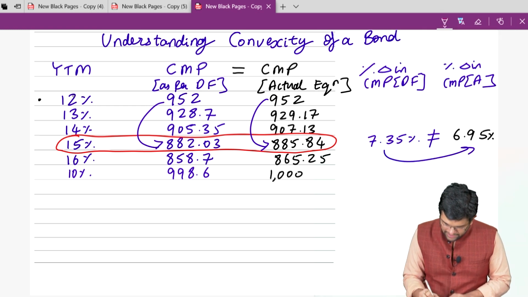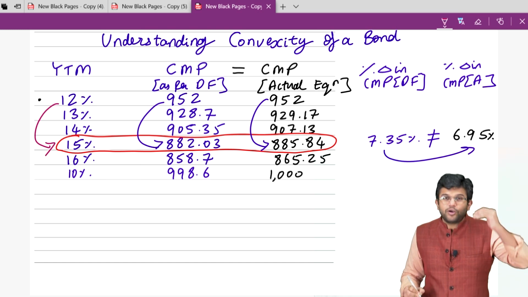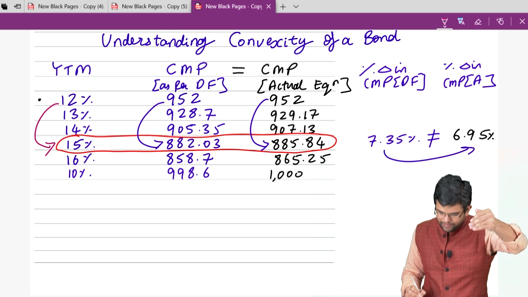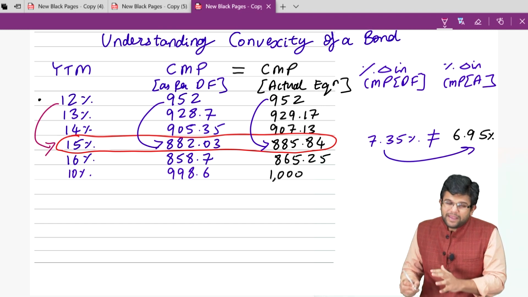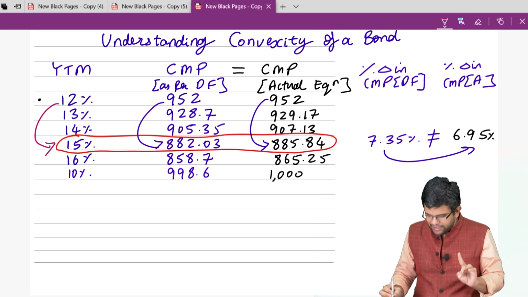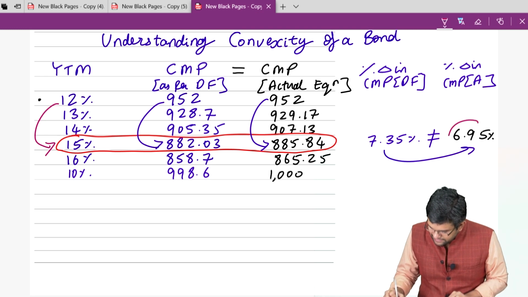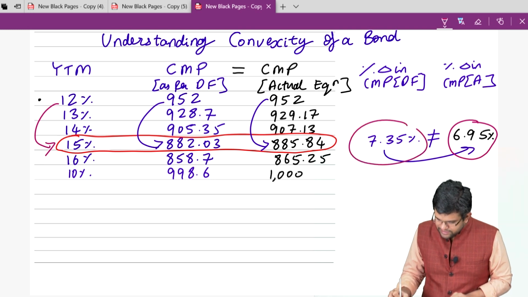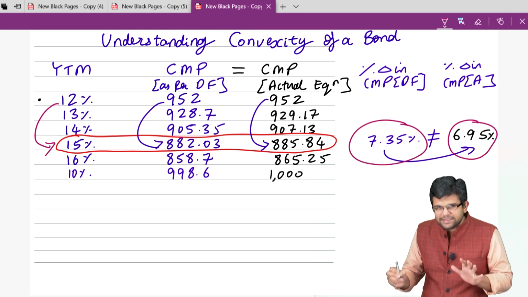Do you understand? I am talking of this change here from 12 to 15. Okay, so if YTM goes from 12% to 15%, what should be the change, the percentage change in the current market price? Now children, as per reality, can I say the answer is 6.95%, and as per the first derivative the answer was 7.35%. Let's now understand this.